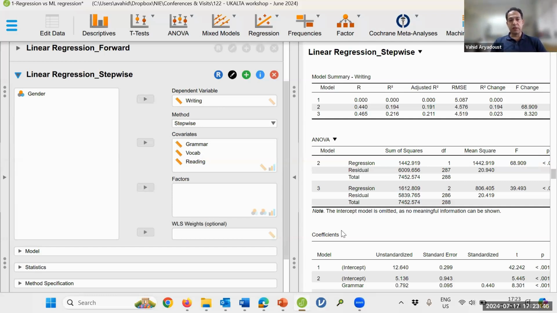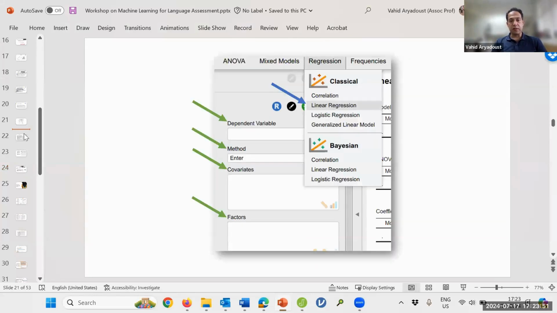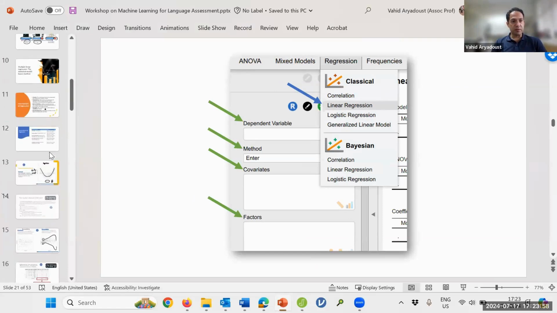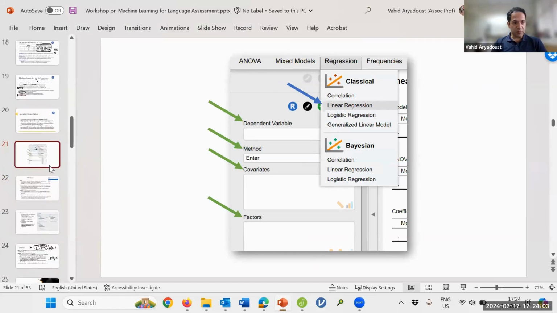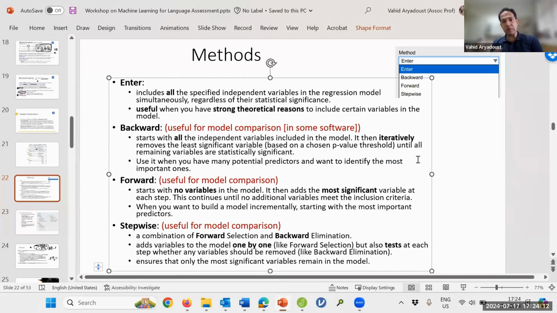Okay, so why do we use different methods and what do they do? Here is a quick overview of these methods of fitting regressions. The methods are these, everyone. Enter. If you're using the enter method, you include all the specified independent variables in your regression model simultaneously, regardless of whether they are statistically significant or not.